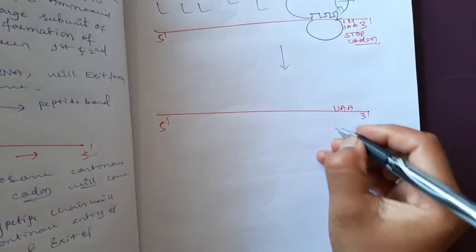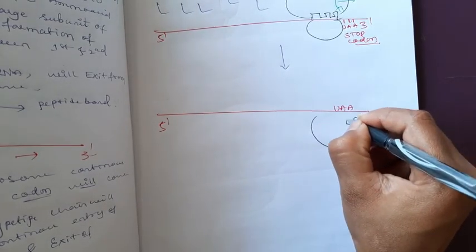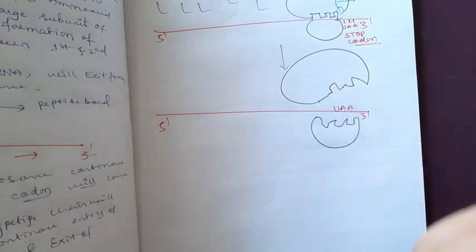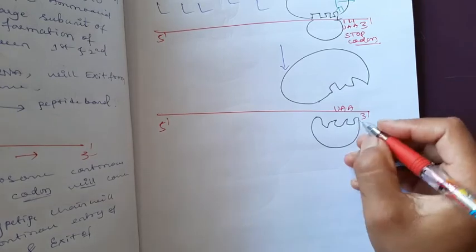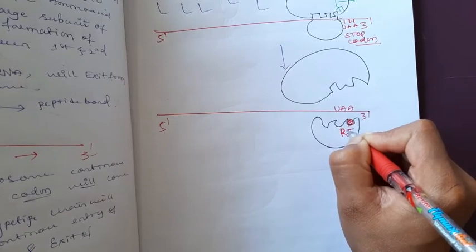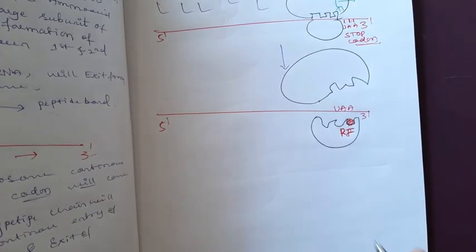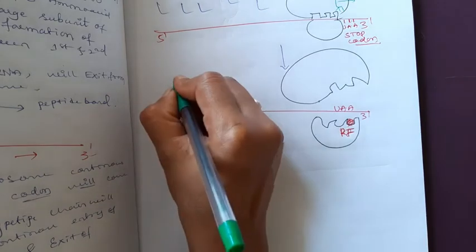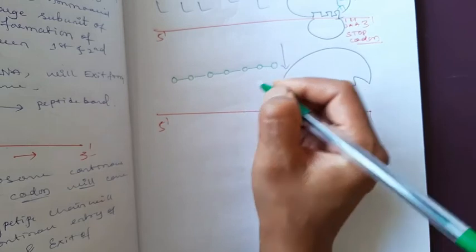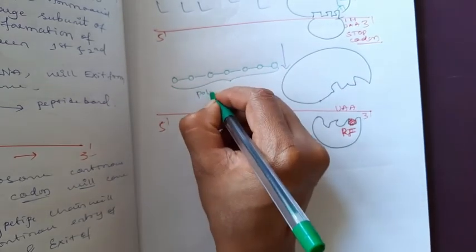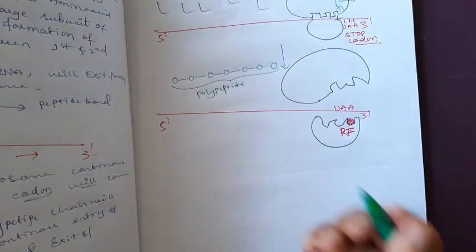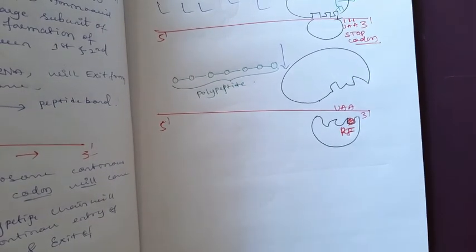Ribosome disassemble. Okay, here there is an entry of the release factor to the A site, RF factor. The polypeptide will come. Okay, this is a polypeptide. Okay, this is the termination process in translation.